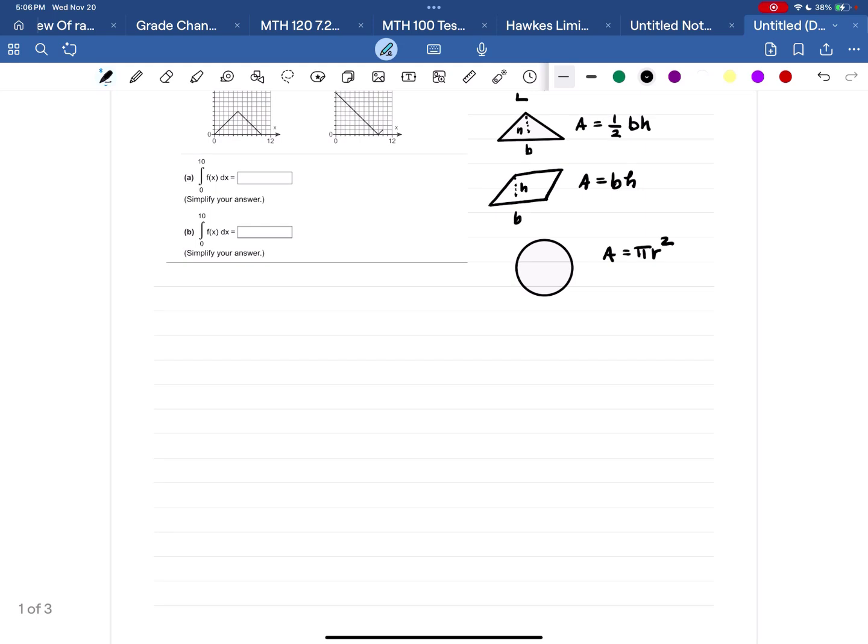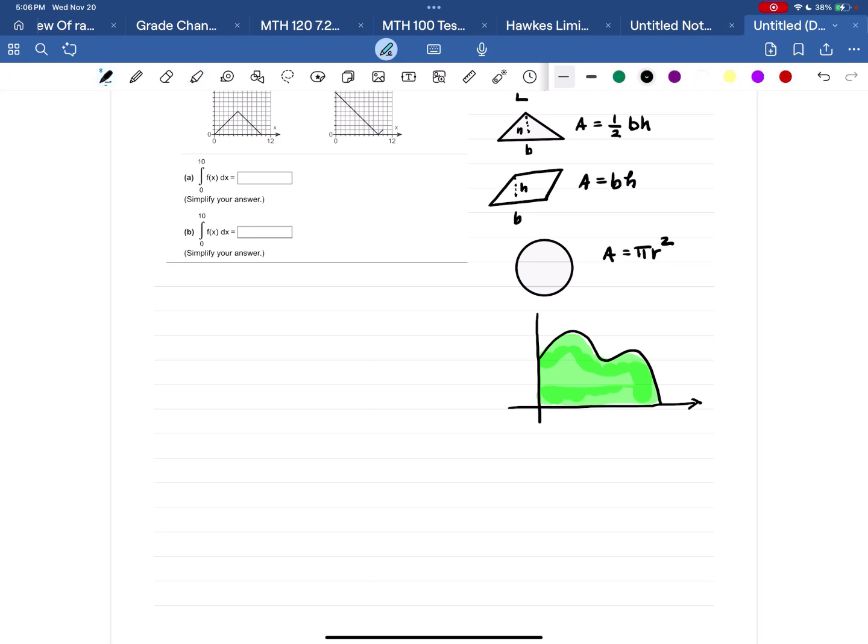And what we're going to do with the integral is we're going to eventually have an irregular shape. So say, for example, we have maybe part of a fourth power function. And we want to know the area inside of here, between the curve and the x-axis.